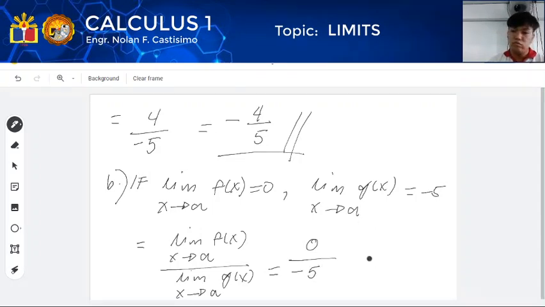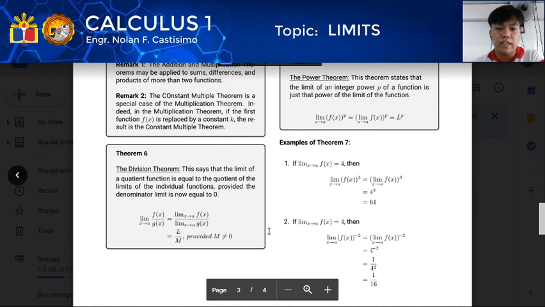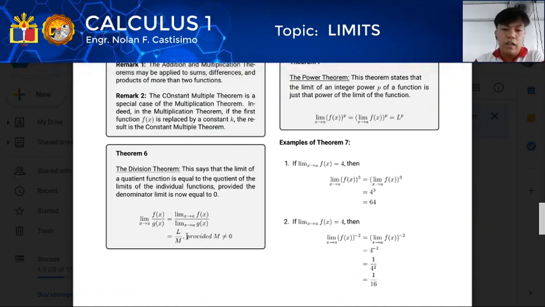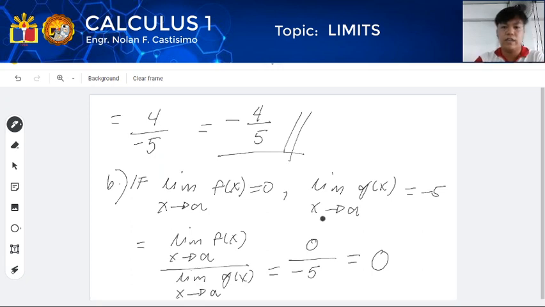So, equivalent to 0. So, sabi nga ko kanina sa statement natin dyan, pwedeng mag-0 ang numerator. But, if yung M na, or denominator na ang 0, of course, hindi na ma-qualify si Theorem 6 sa limit natin. Okay? 0 na yan. Final answer.